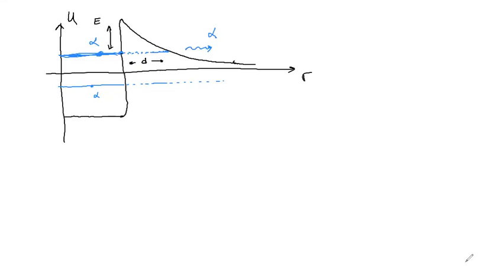Maybe you can be more accurate, maybe less accurate, but so you have a probability to tunnel. And then you have a frequency, how many times per second this alpha particle hits this barrier. And this is what gives the probability per unit of time.